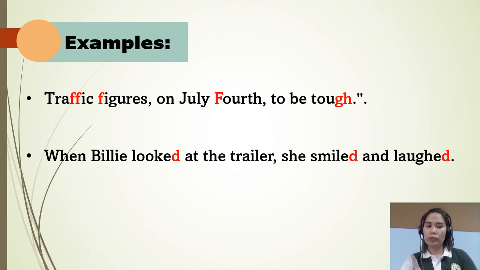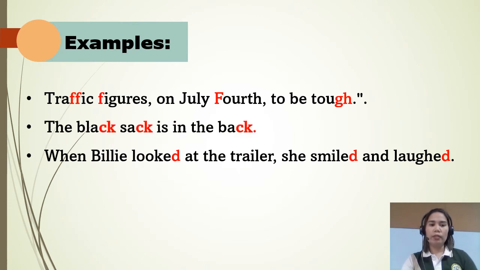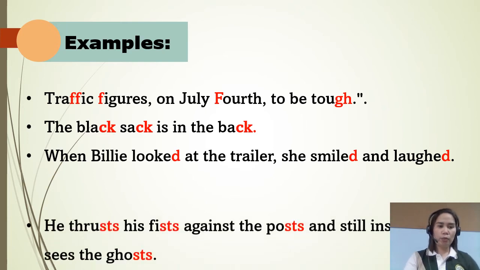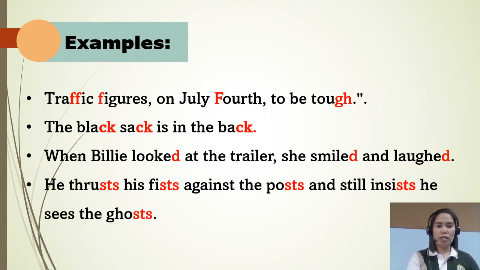Next: the black sack is in the back. The sound of K: black, sack, back. Next: he thrust his fist against the post and still insists he sees the ghost. The sound of STS. Again, consonance does not require that words with the same sounds be directly next to each other. So that is consonance.